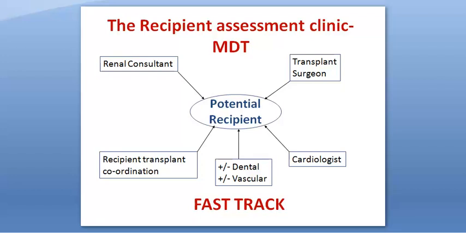Some clinics have a cardiologist sitting in for assessment because most of these patients will have high cardiovascular risk, and a significant percentage of these patients will get referred to a cardiologist. There is a transplant recipient coordinator as well, with the aim of facilitating the pathway for the potential recipient.